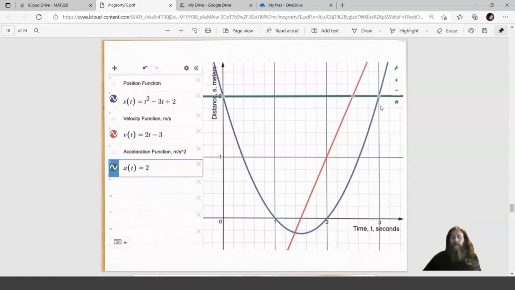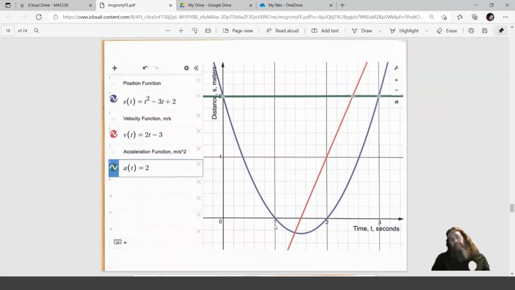So when we evaluate whether the object is speeding up or slowing down, for it to speed up, both velocity and acceleration need to be the same sign, S-I-G-N, as you said. As we can see here, acceleration is positive constantly.